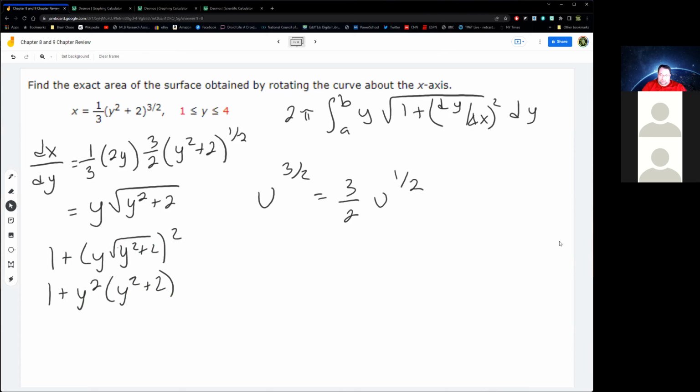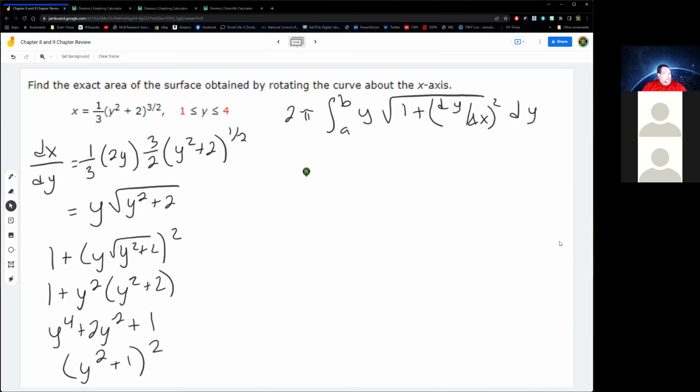So I've got y to the fourth plus 2y squared plus 1, which factors out to y squared plus 1 squared. That makes sense?